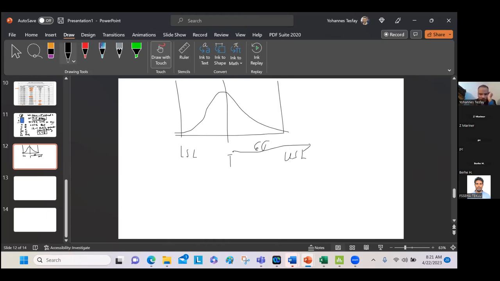So from this side to 6 sigma, just like that. CP is defined by the upper specification limit minus the lower specification limit, divided by 6 sigma. That metric is CP.